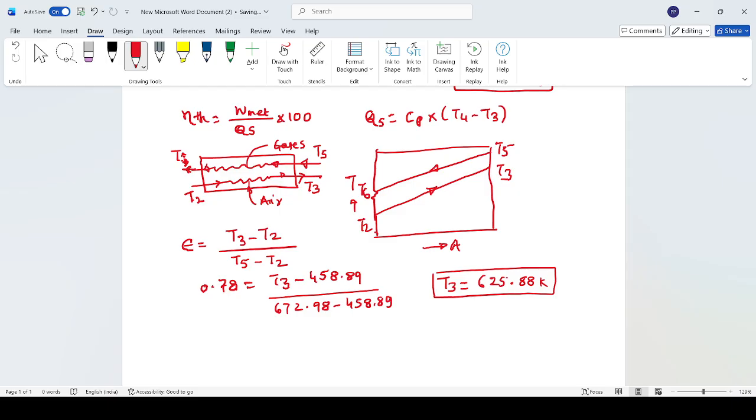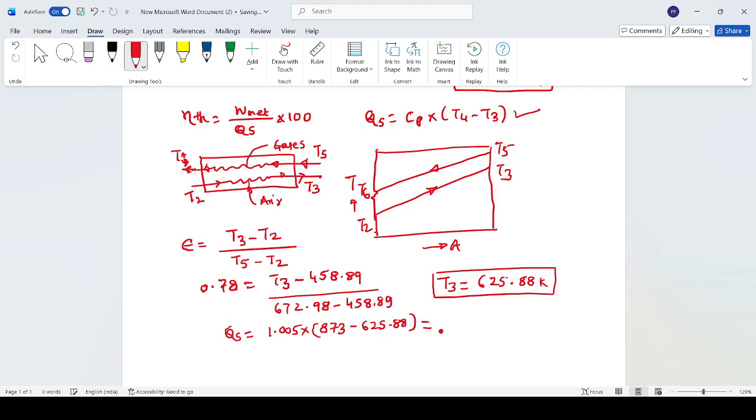So temperature T3 is known to us, so it is possible for us to determine the heat supplied during the constant pressure heat addition process. So QS, heat supplied, is Cp, 1.005 kilojoule per kg Kelvin, times temperature T4, that was the temperature T max, 873 Kelvin, minus the temperature T3, that is 625.88 Kelvin.